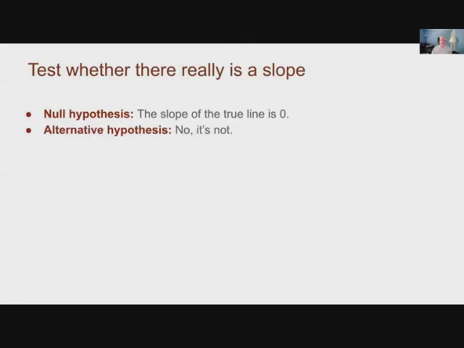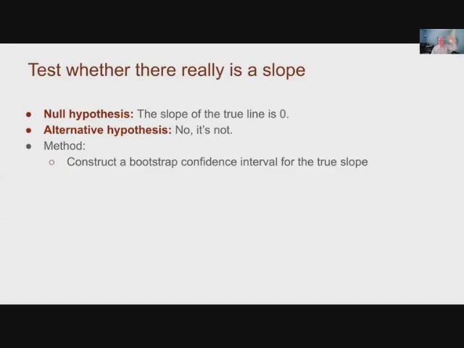The alternative is, no, it's not. What do we do? We test. We bootstrap the confidence interval for the true slope, and we do that by resampling our scatter plot 100, 1,000, 10,000 times. Look at the confidence interval. If it doesn't contain 0, then we can safely reject the null hypothesis. Otherwise, we can't.